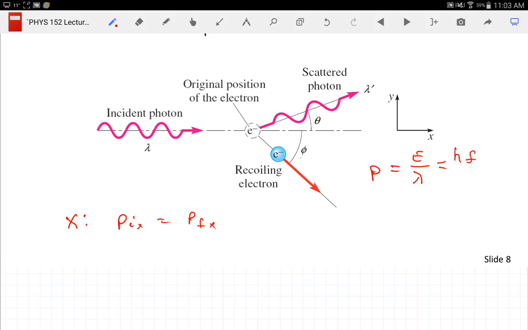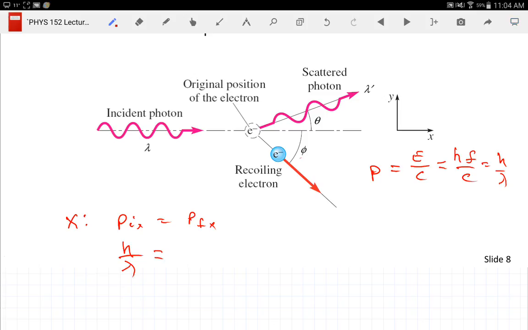Momentum is E over C. There we go. Momentum is energy over C, so it's hf over c, or, since f over c is 1 over lambda, h over lambda. So I can say my momentum initial is h over the wavelength it started with.